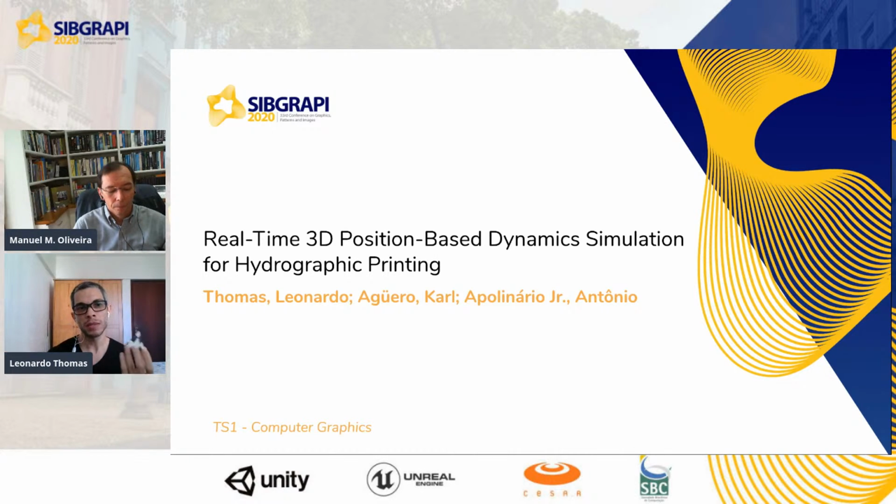So we make the hydrographic printing with the real models as ground truth, and we make the same simulation with the same models and the same positions, and we take pictures and we check the specific points in the pattern to see if they are aligned. So we measure the error in these points, and we take statistical measures to measure the error.